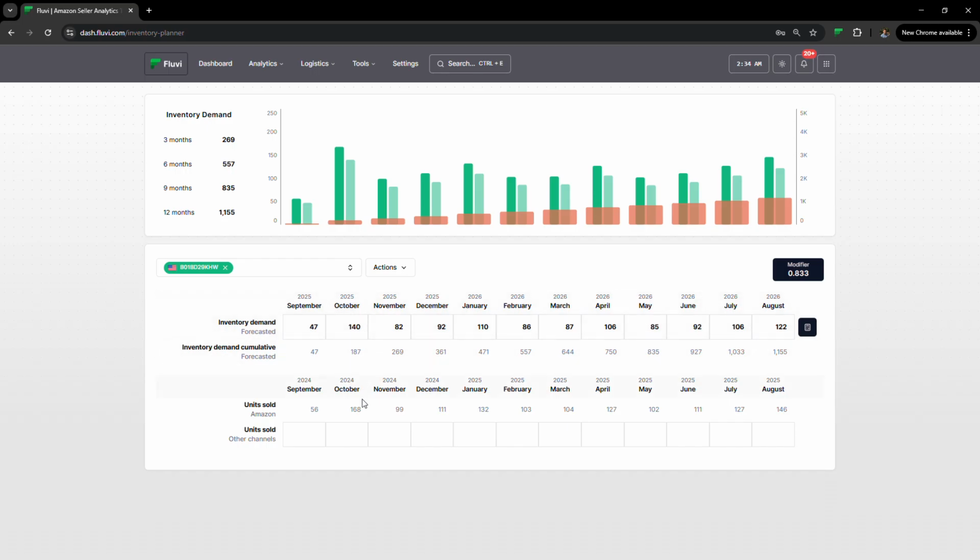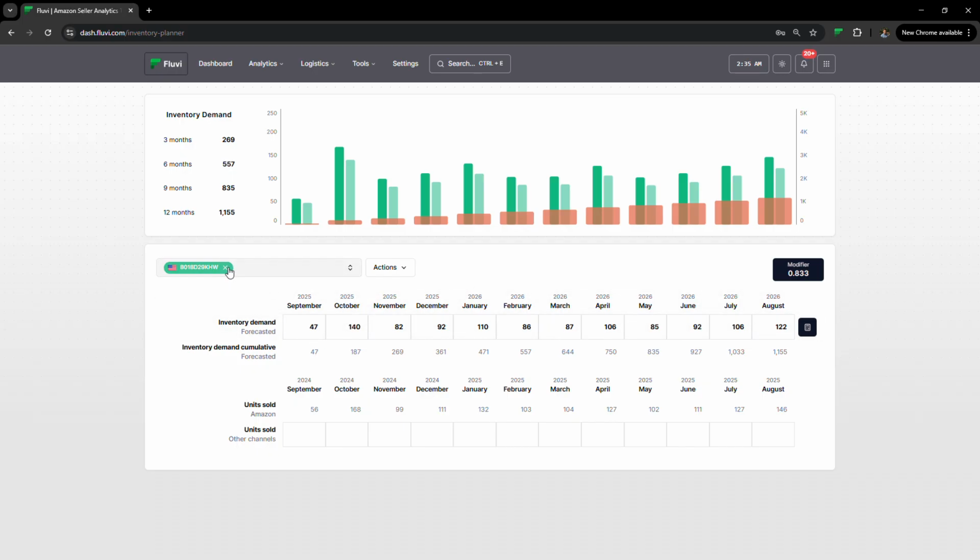We're looking first of all at October of last year, and then we multiply this number with the trend, with the growth modifier, which again is negative, below 1.0 in this case. So 168 units multiplied by 0.83 gives us the future inventory demand of 140 units. That's how we get your future inventory demand.